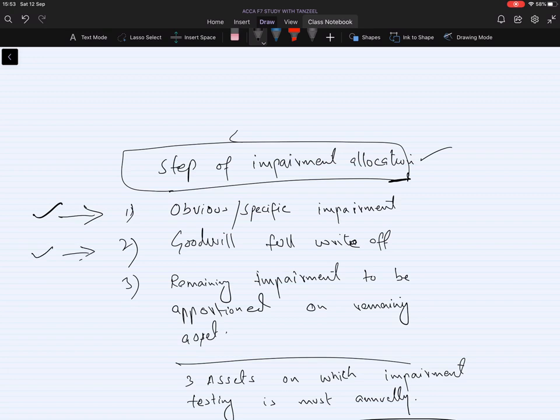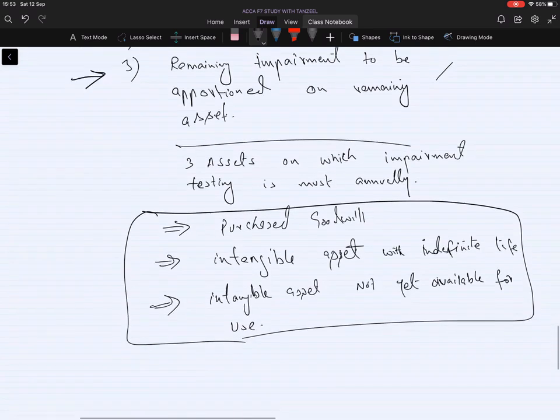Second, we will take the whole goodwill off, and the remaining impairment will be apportioned on the remaining assets. This is the same way we did our previous question.